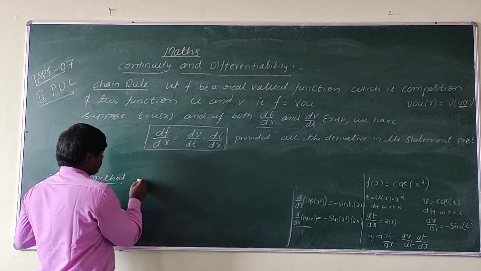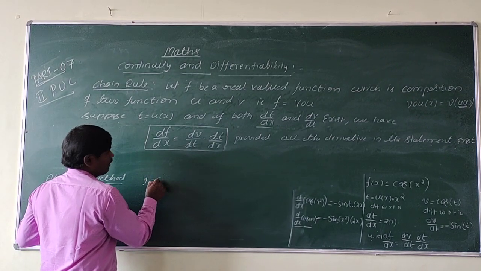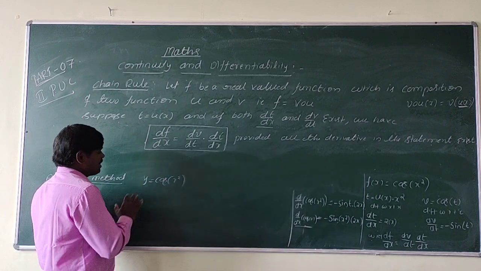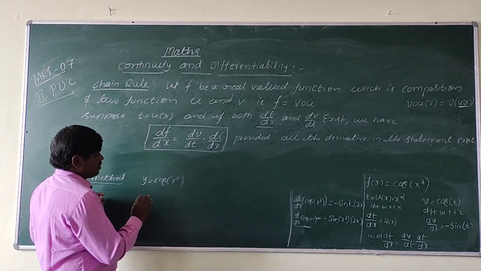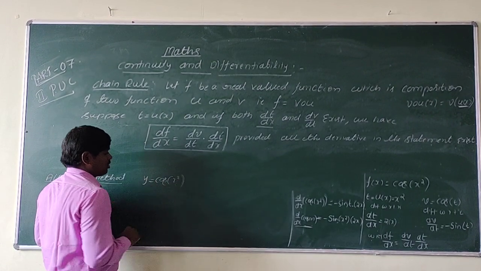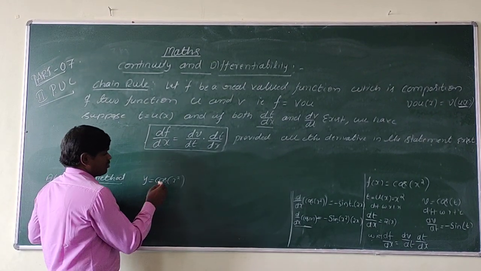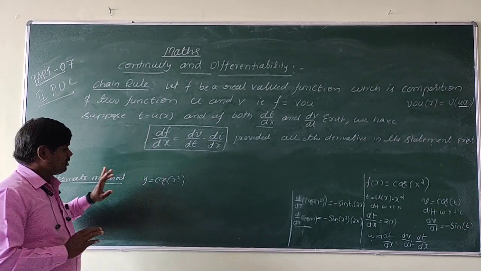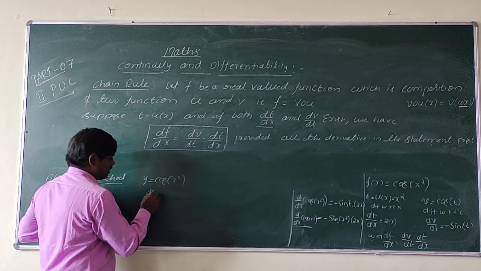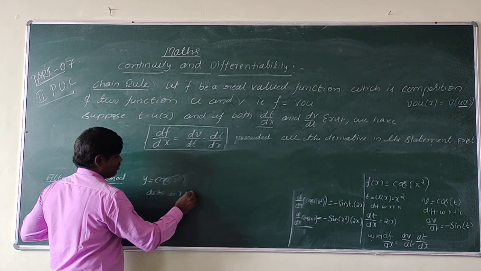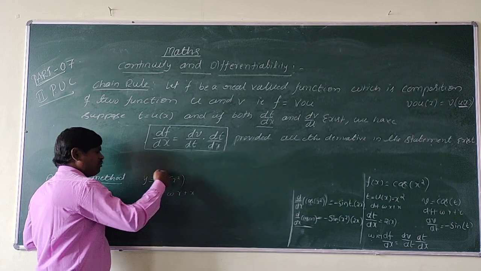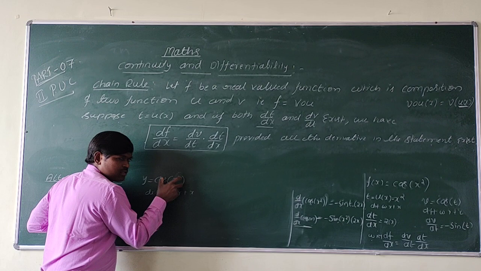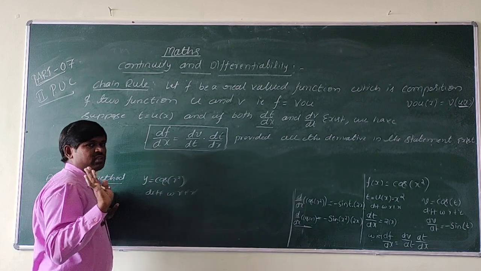So y is equal to cos of x square. Now just assume this is cos x. You already know that the differentiation of cos x is minus sin x. So differentiate with respect to x, just assuming the value in the bracket is a constant, some value.